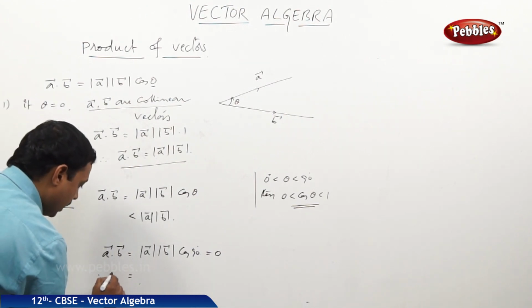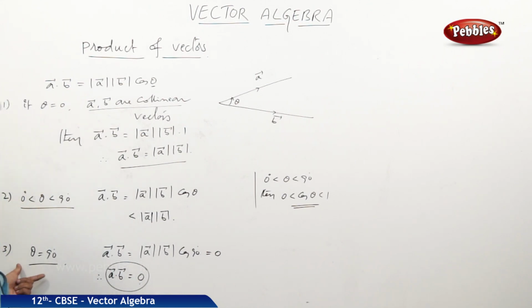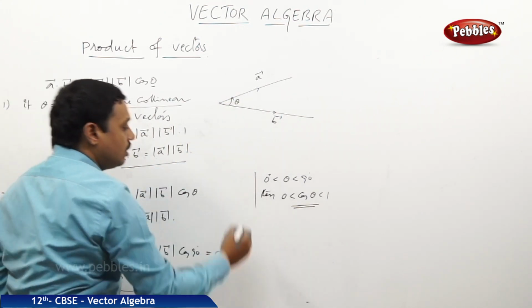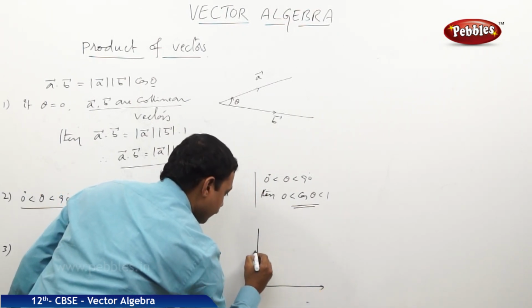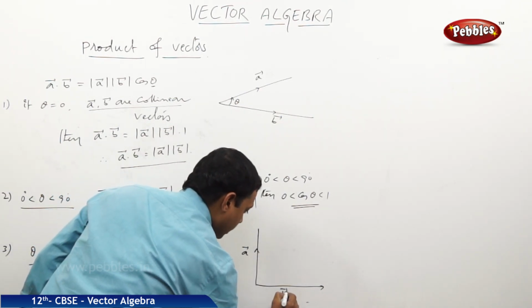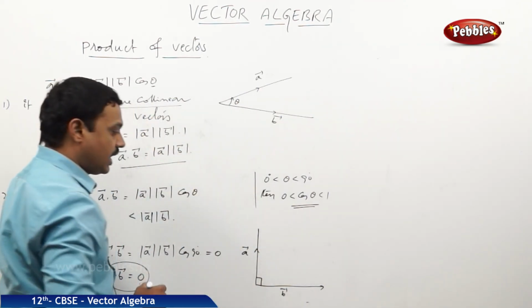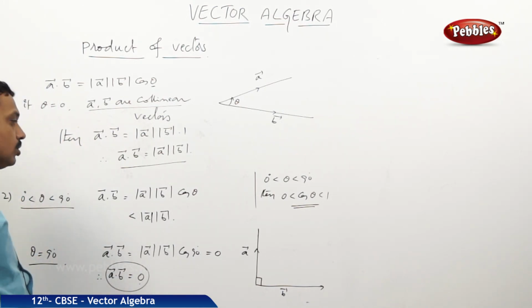Therefore, A dot B is equal to 0. So if theta is equal to 90, then A dot B is equal to 0. When is theta 90? If the two vectors are perpendicular to each other, like this. If one vector A bar is like this and B vector like this, if this angle is a right angle or 90 degrees, then A dot B is equal to 0.